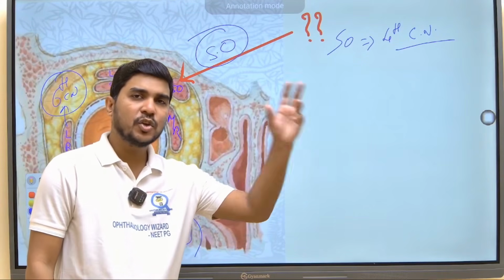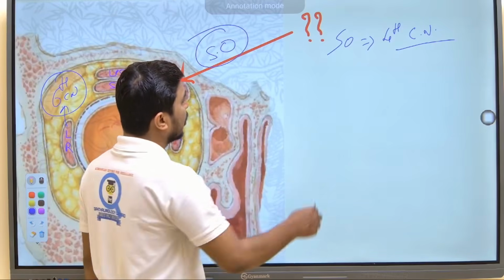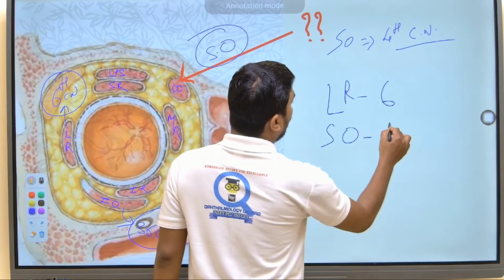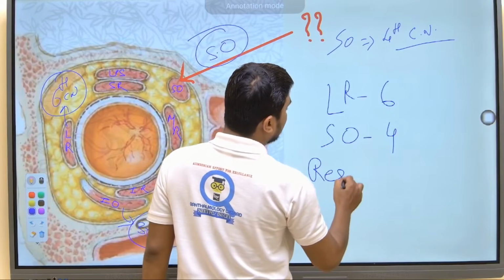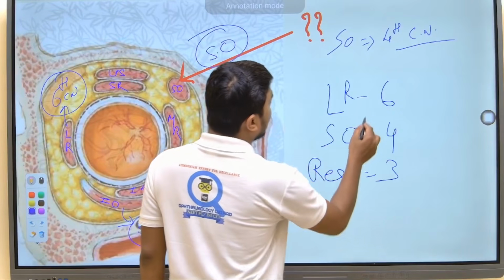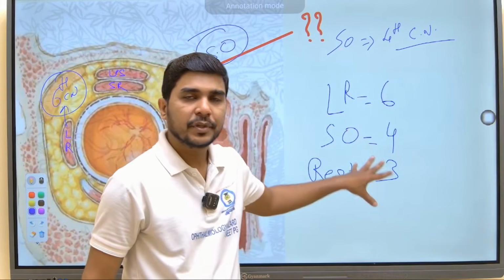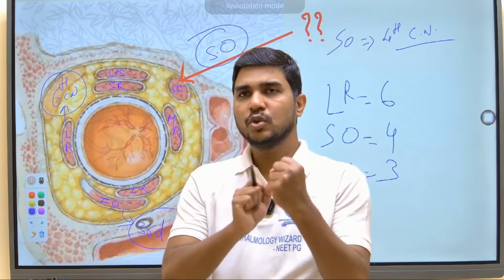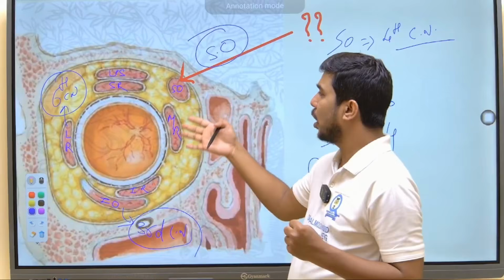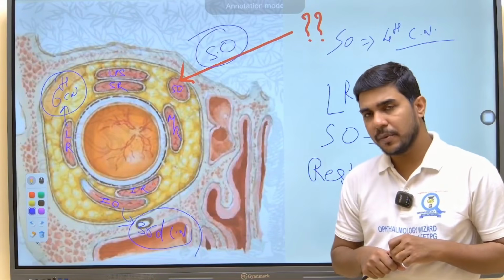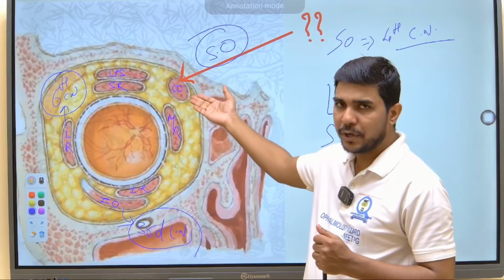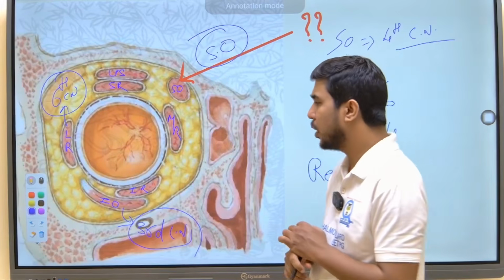LR6, SO4, rest are 3. So in this way you will understand how to identify this coronal cross section of the extraocular muscles. You got my point? This is a very hit question, superior oblique, so remember this only. Okay?